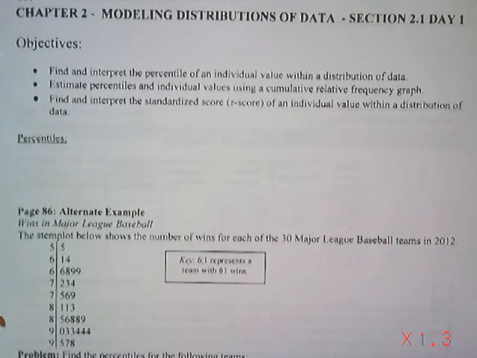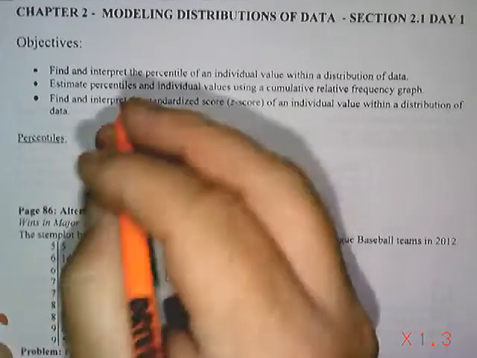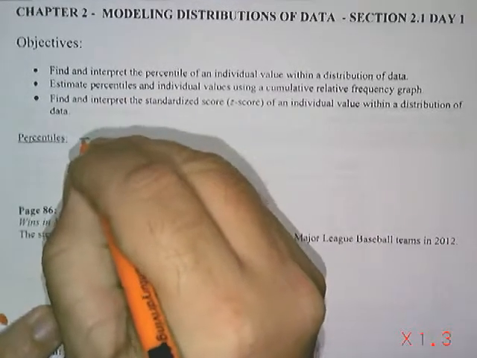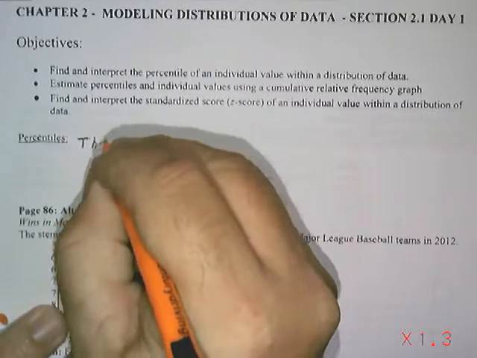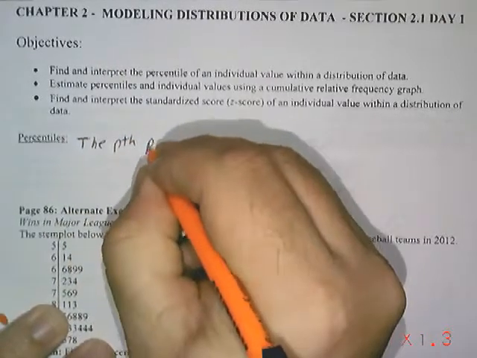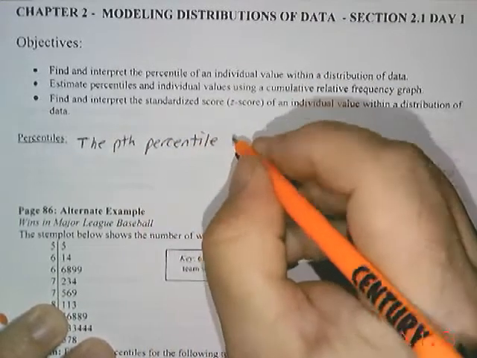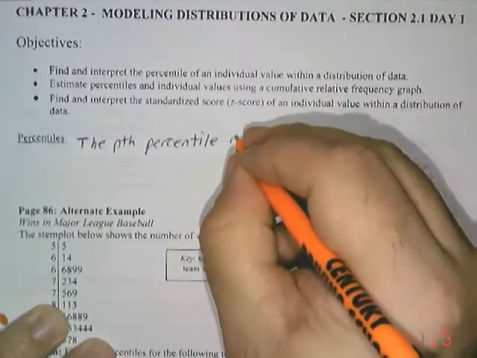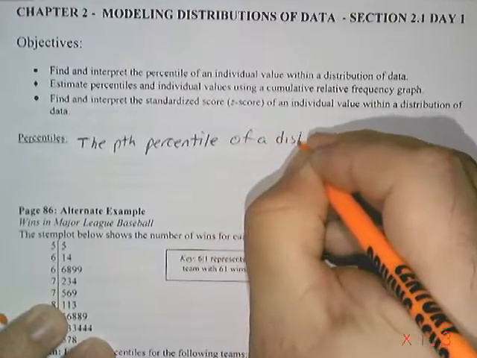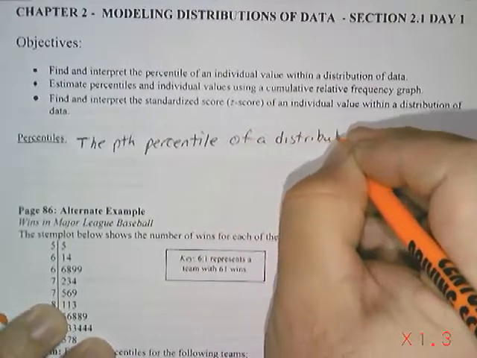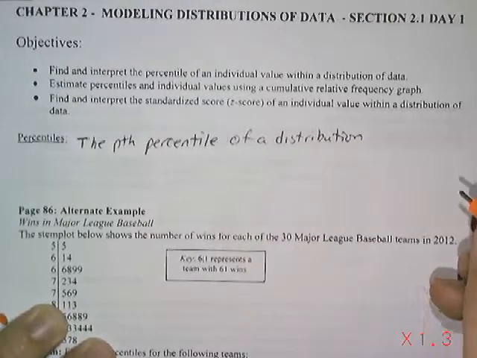Okay, first, percentiles. What is a percentile? Well, quite simply, it's the pth percentile. We have a formal definition of a distribution: it is the value with p% of observations below it.